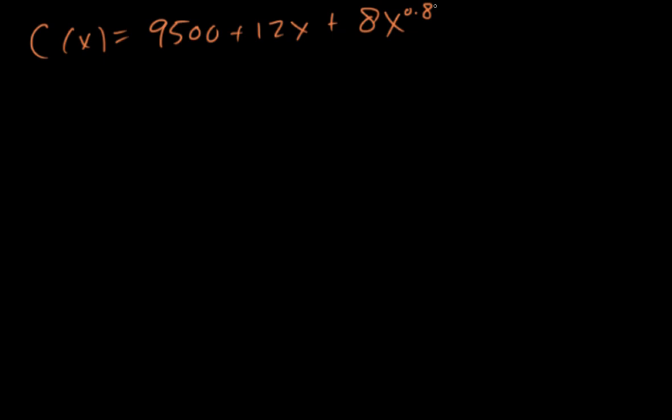Okay, the cost in dollars of producing x items in a factory each day is given by this function. It wants us to find C prime of x, which is called the marginal cost.